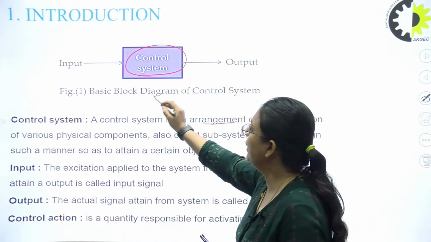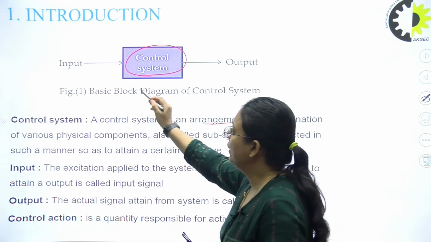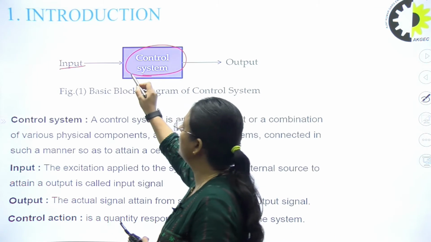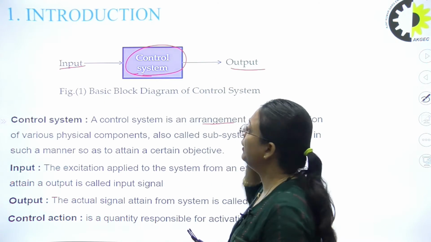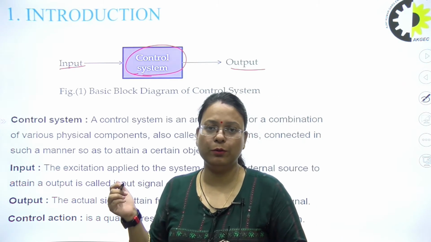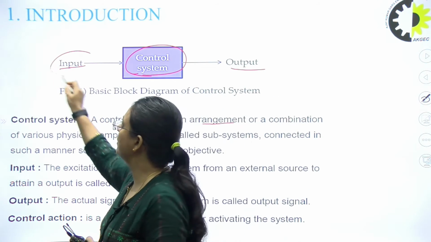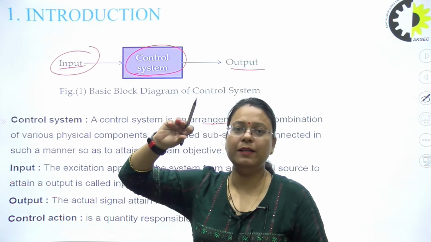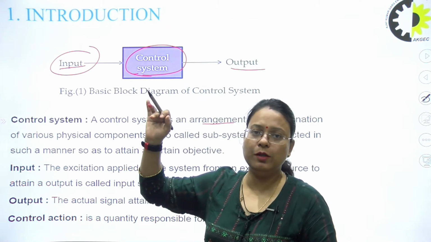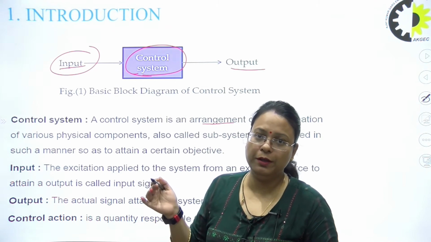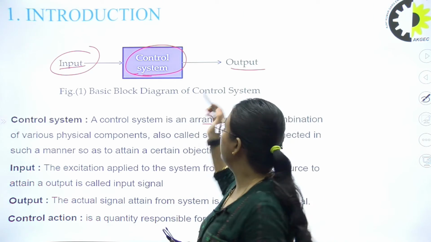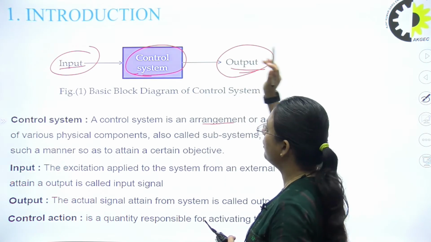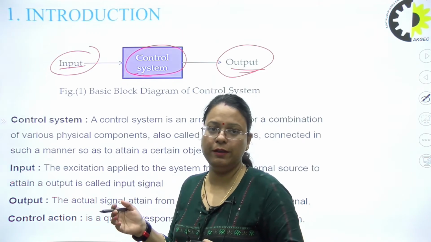This is the block diagram of the control system. An input signal is applied to this control system and the corresponding output will be generated by the control system. This input is actually the excitation which is applied to the system from any external source. And this output is the actual response of the system which we are getting.